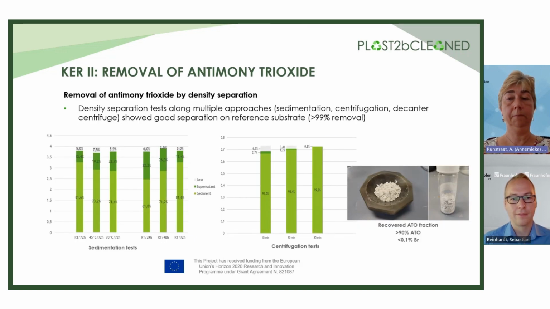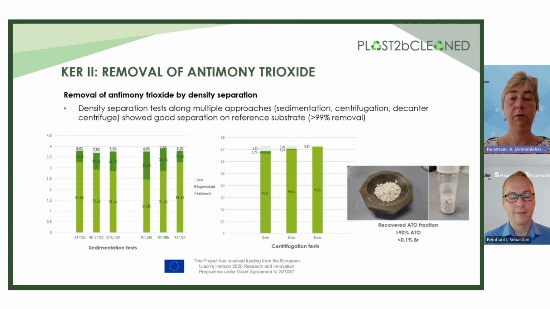So what we did is look at different options for removal, except for just waiting. We added centrifugation or a decanter centrifuge to be able to increase the speed of the settling of the antimony trioxide.